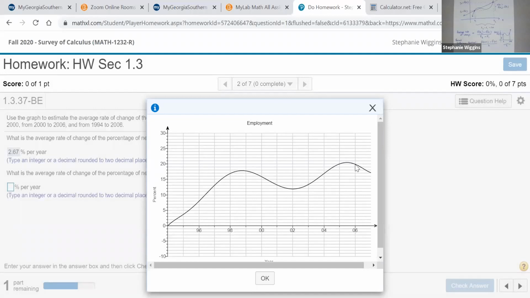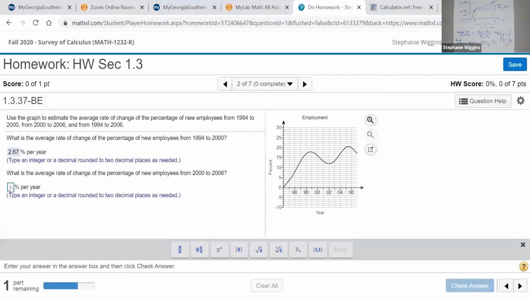So we're in 2006, and I'm following this over, 20. So it's going from 16 to 20. That's 4% over 6 years. That is 4 divided by 6. So that's 2/3, which is 0.67% per year.